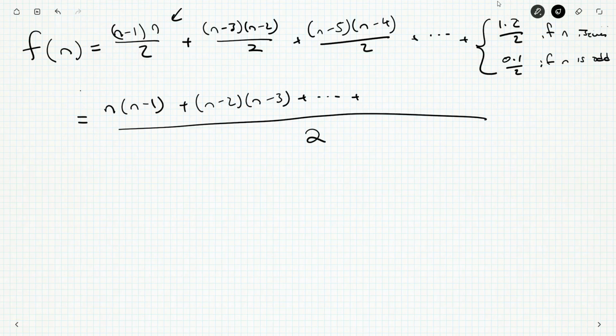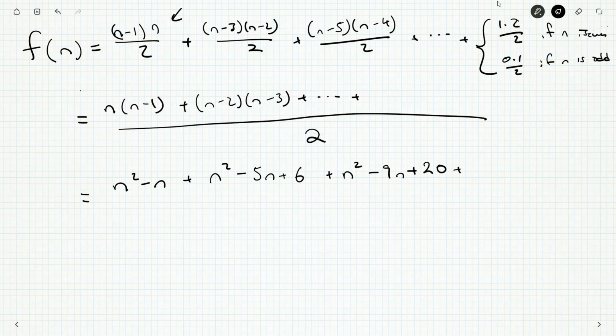Is this going to help in any way? Well, we could expand it out. n squared minus n. We'll get n squared minus 5n plus 6. n squared minus 9n plus 20.